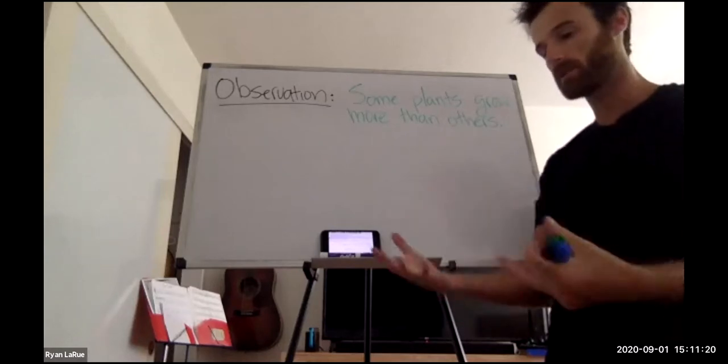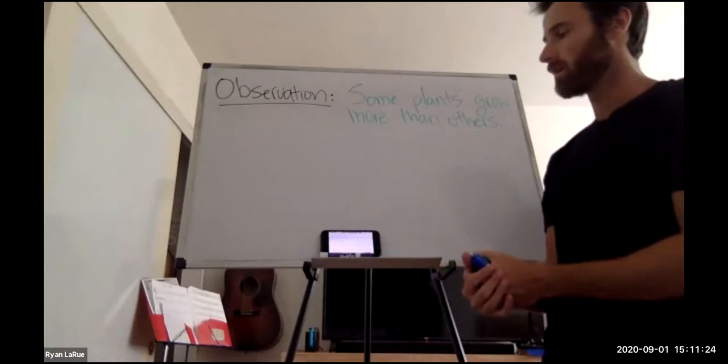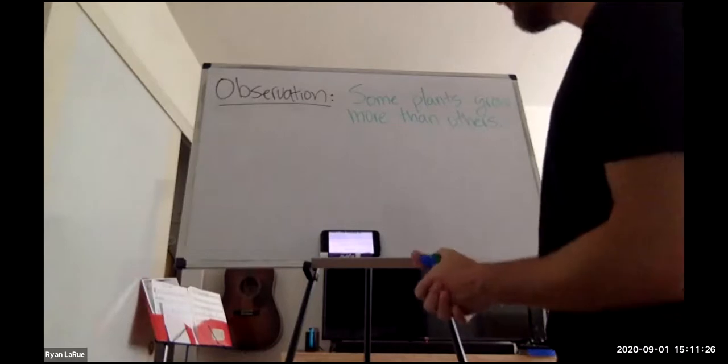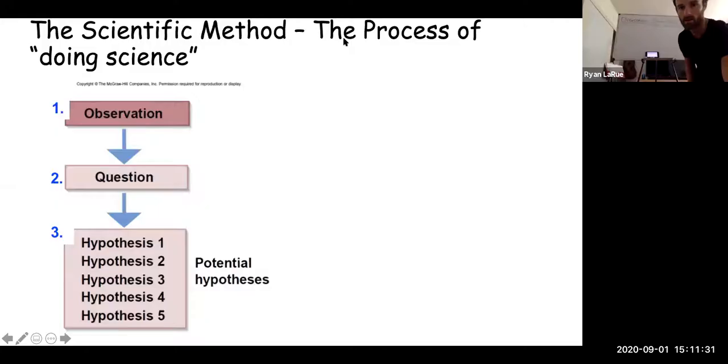We want to get as much produce as we can. So the next step in the scientific method, our observation will lead to the second step, which is a question. We ask a question.